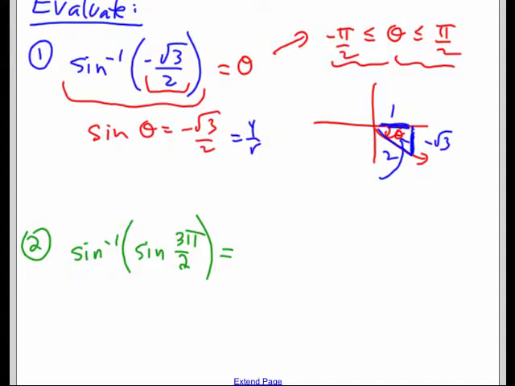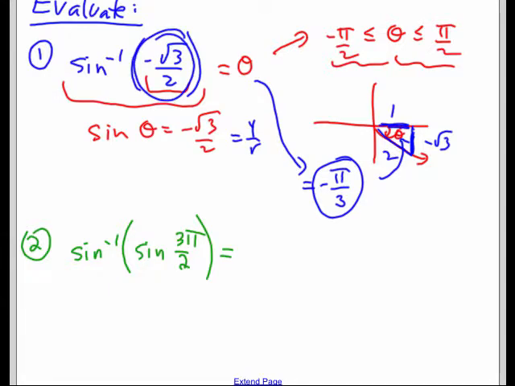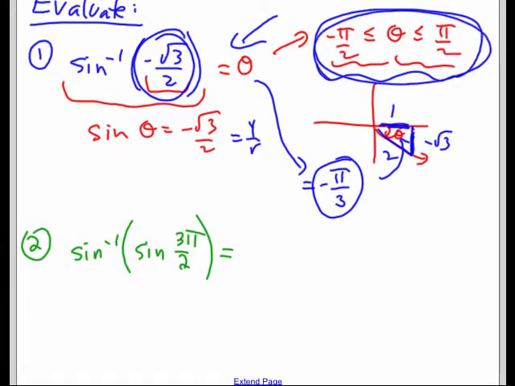And because it's measured backwards, we know therefore that this is equal to negative pi over 3. Okay? So when I go inverse sine of this ratio in the calculator, remember, a given ratio has an endless number of angles, but because of the restricted domain, the calculator is going to give me the angle in the restricted domain, which is this.